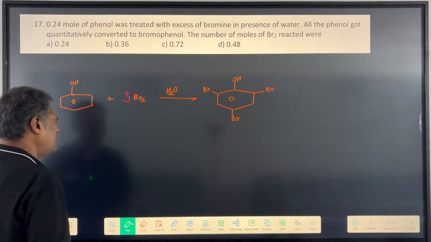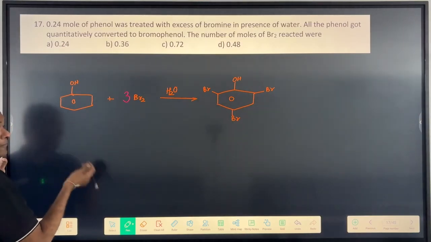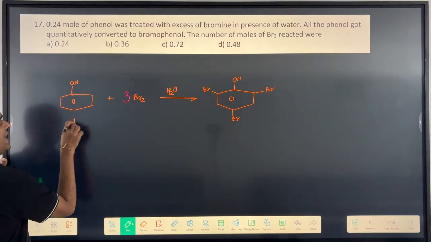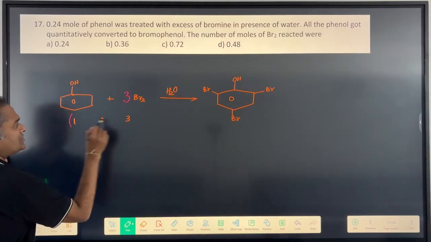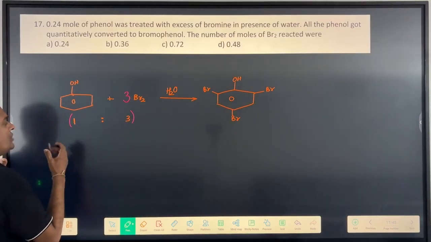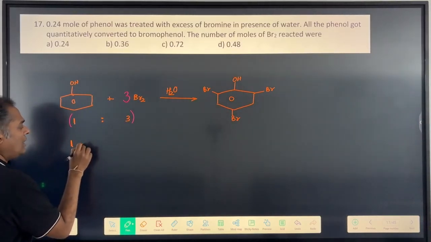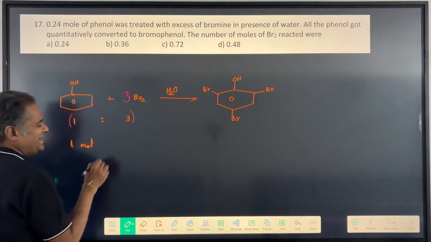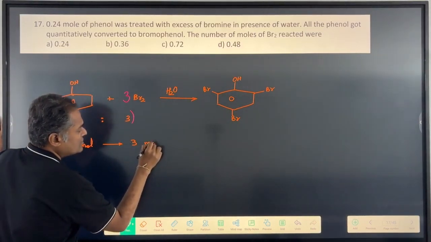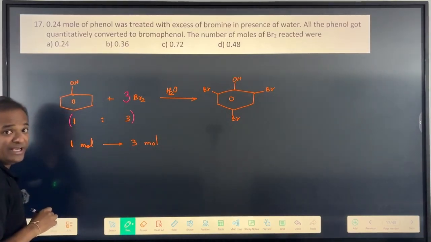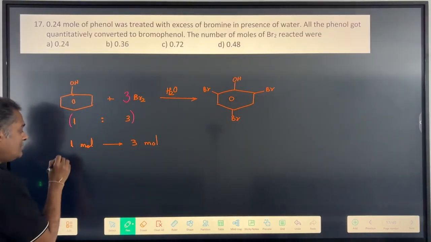So, can I tell that the ratio in which phenol reacts is 1:3? Is it clear? So, if I take 1 mole of phenol, it will require 3 moles of bromine to completely brominate.